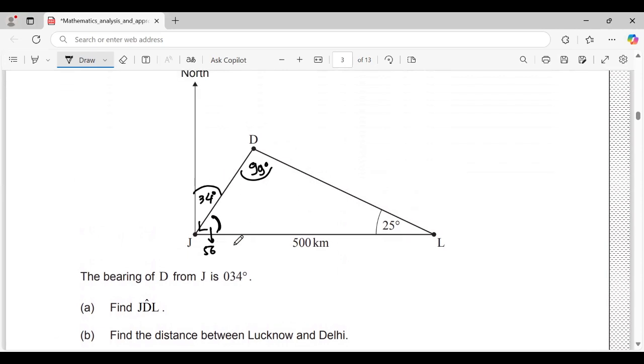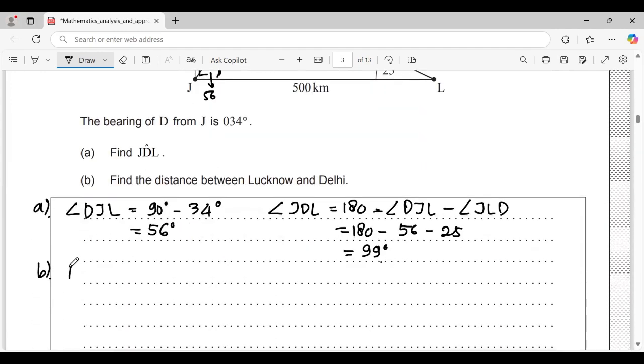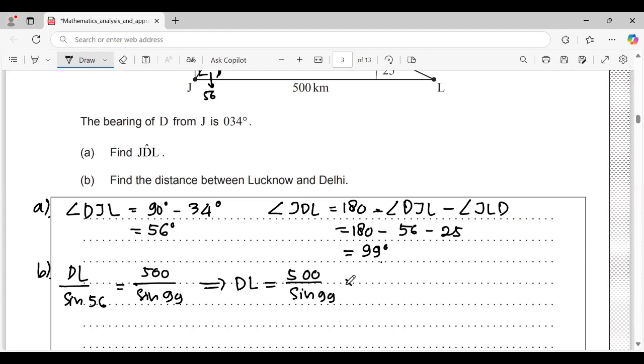So the sine rule means DL over sine 56 equals 500 over sine 99, or we can rearrange this formula and it becomes DL equals 500 over sine 99 multiplied by sine 56.